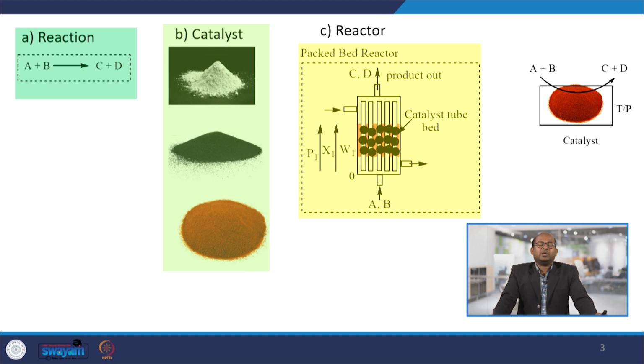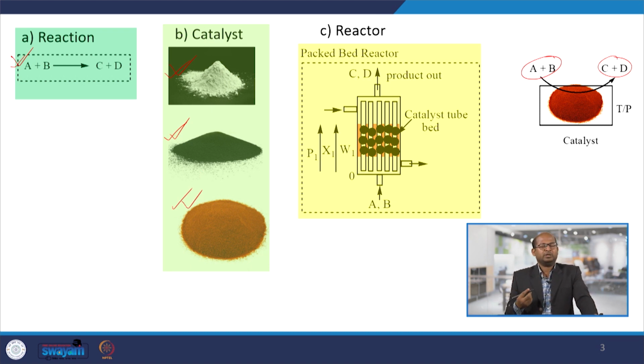So far we have studied many reactions, catalysts, and many industrial reactors: packed bed reactors, CSTRs, plug flow reactors, and other different types of reactors. In general, this is how reactions are usually expressed, and these are the different catalysts, depending upon the material or precursors we take.